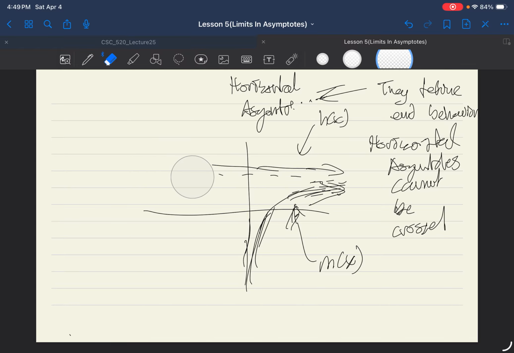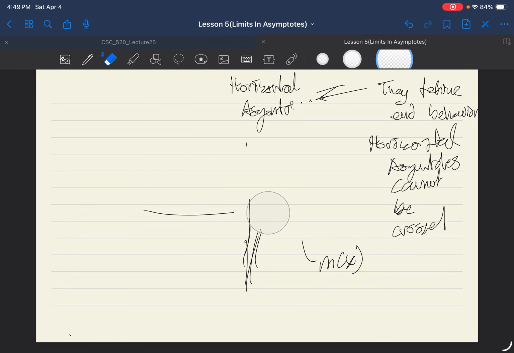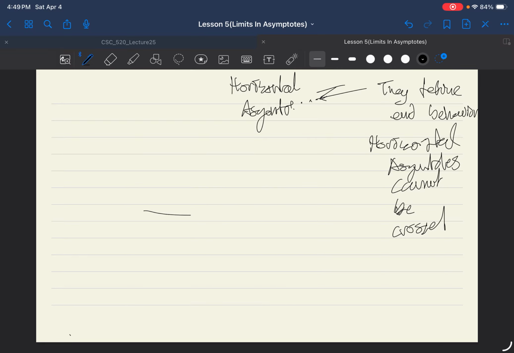I just remembered the most famous example of this, so let me draw it really quickly for you. It is the negative natural log function, I believe. Just give me a moment to verify what I'm saying.